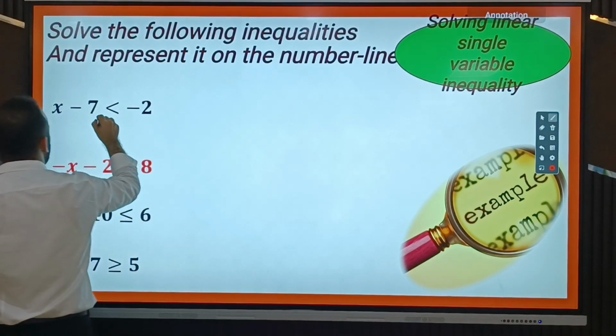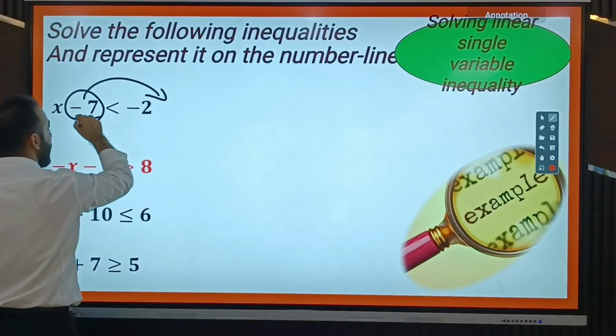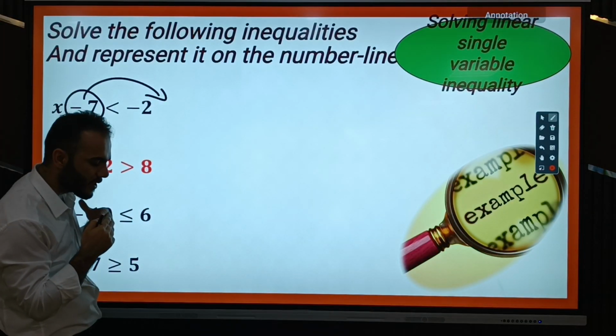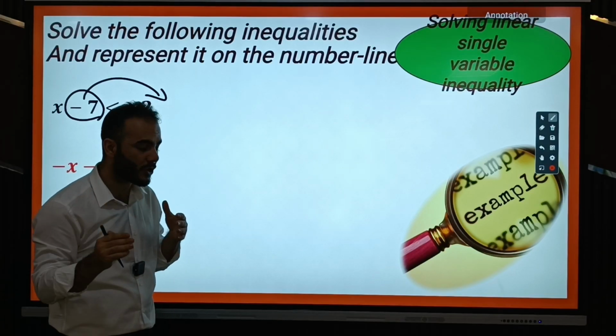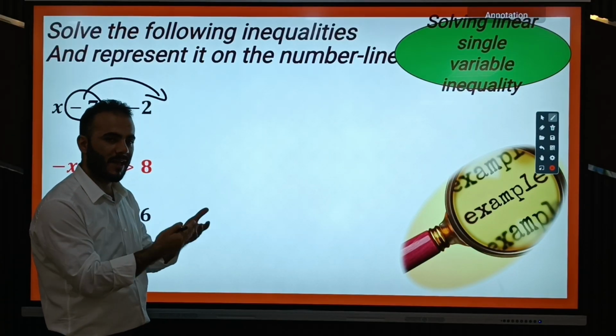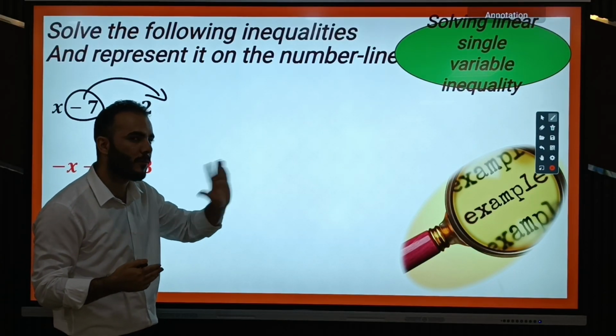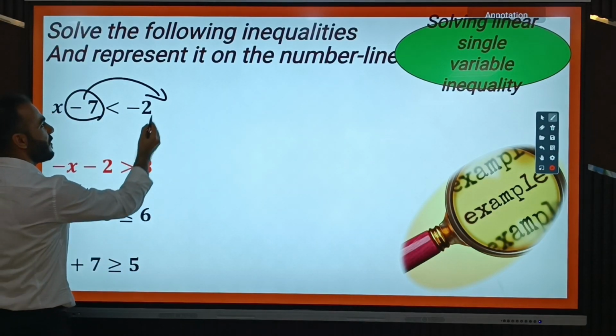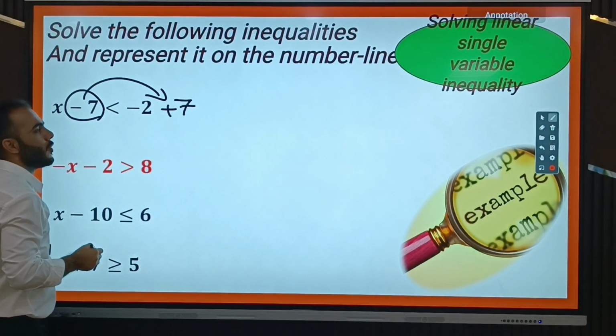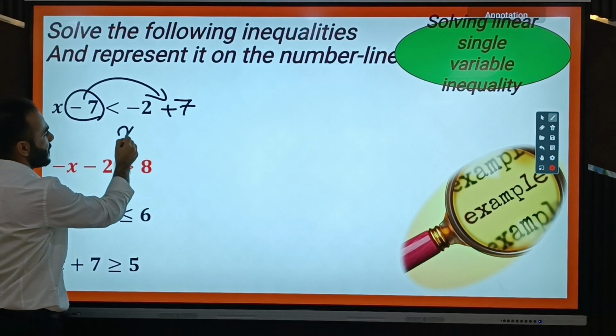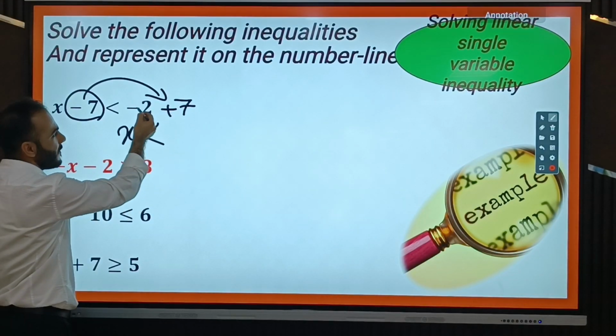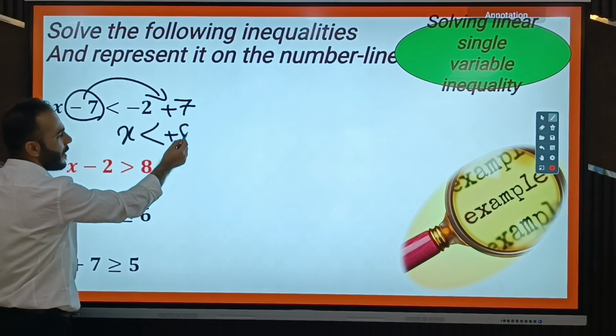So when we move a term from one side of the inequality, just like an equation, when we shift that term, the sign of it will automatically change. If it is negative, it's going to become positive. Therefore, we have got x less than positive 7 minus 2, positive 5.